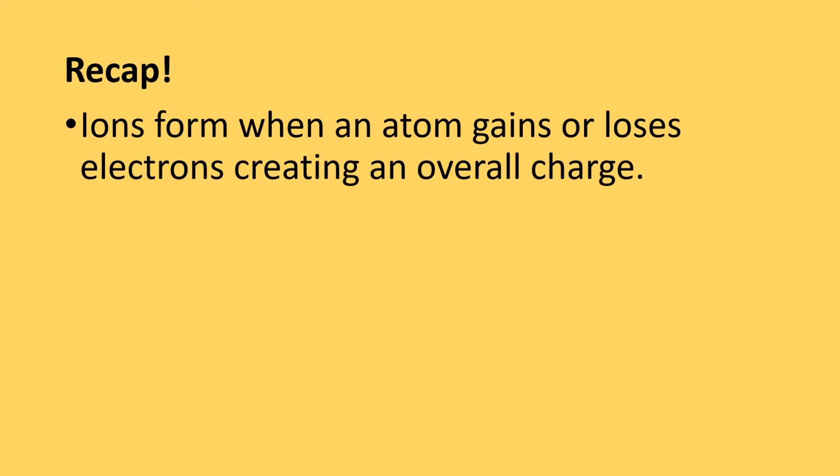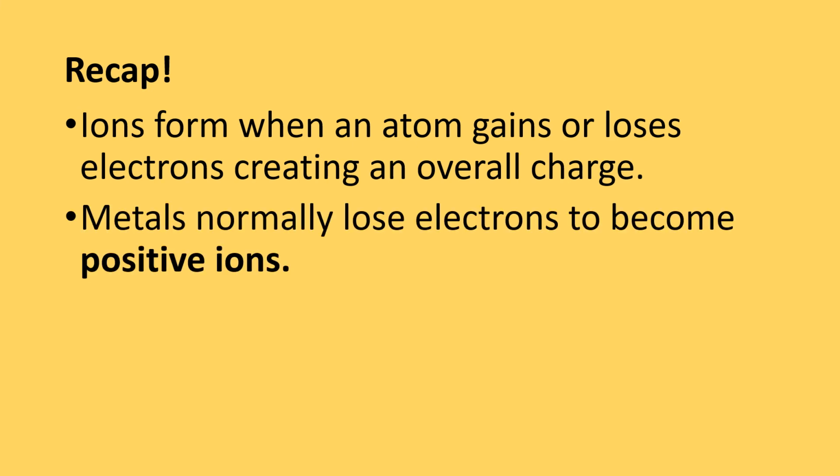So let's recap this and bring it all back together. What do we need to know about ions and ionic bonding? The first thing we need to understand is that ions form when an atom gains or loses electrons, creating an overall charge. Remember, in an atom, the number of protons and electrons are the same and there is no charge overall. In an ion, that rule is broken and we have a charge.